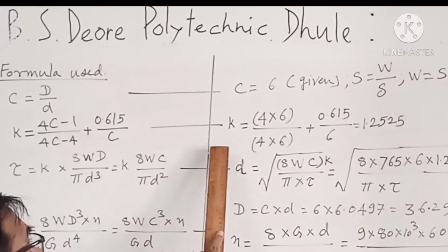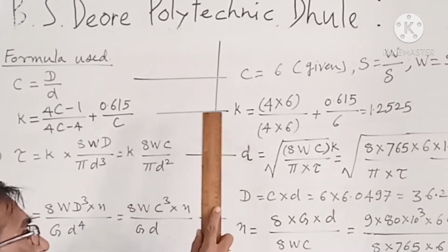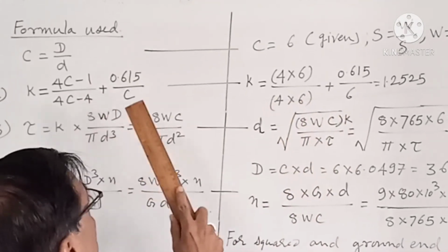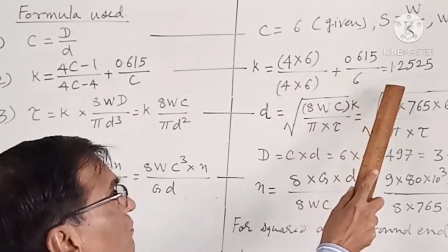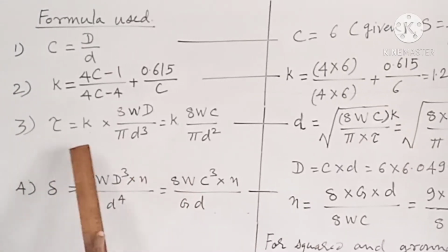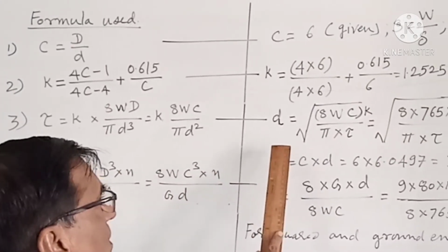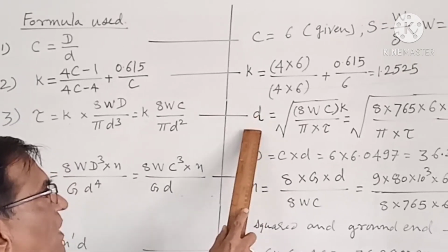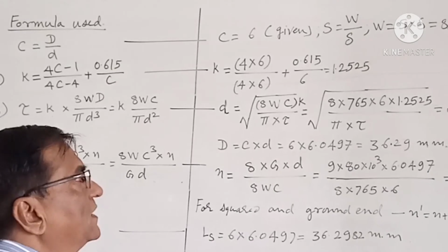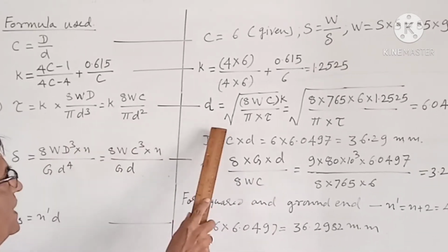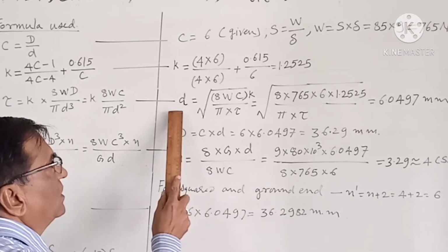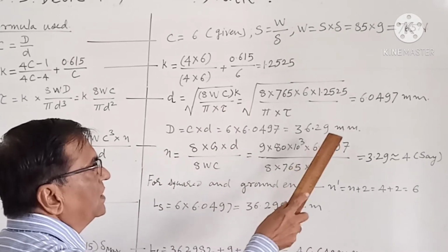Now we calculate Wahl's factor K from this formula, putting the value of C, which comes out to be 1.2525.